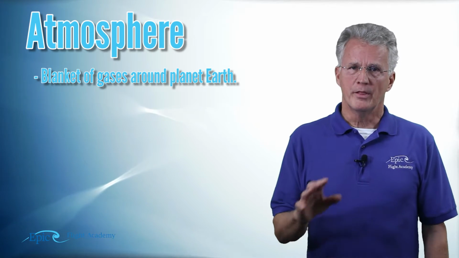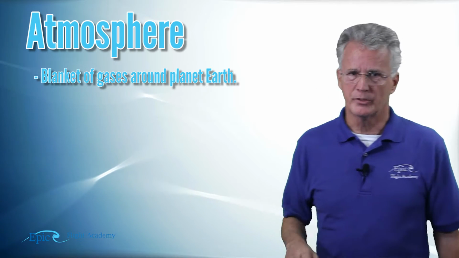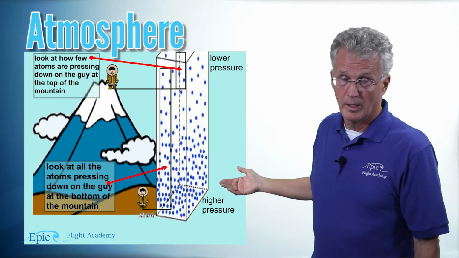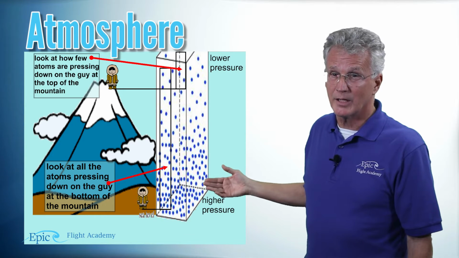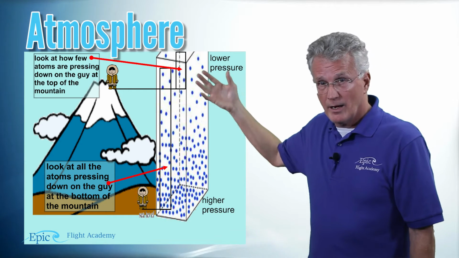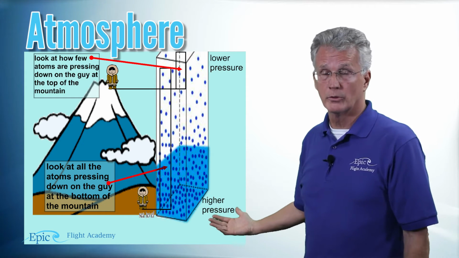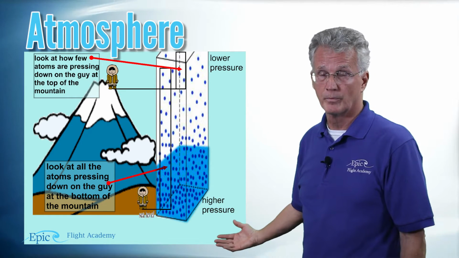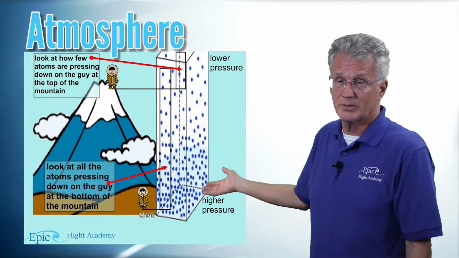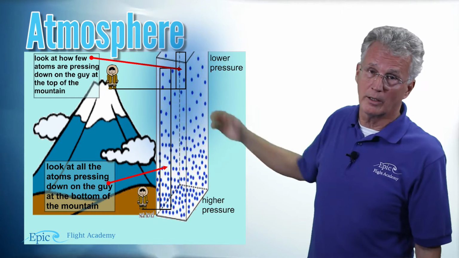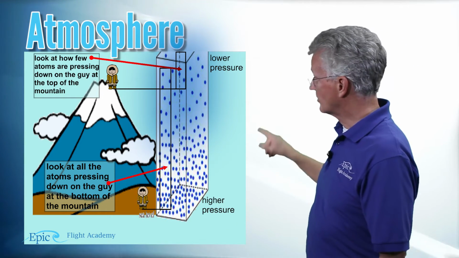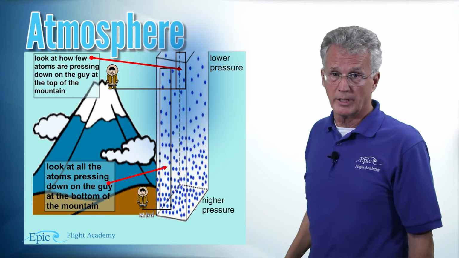Now, this atmosphere is depicted here in this diagram. As you might guess, the air in the atmosphere is denser closer to the surface. The air is less dense the further we get from the surface. That's depicted by the number of blue dots here.